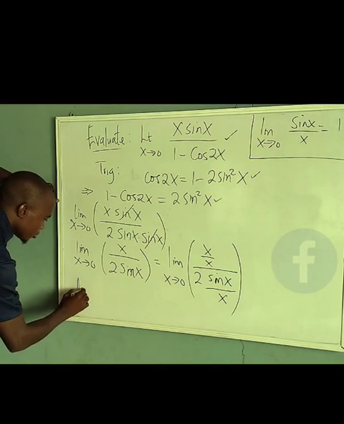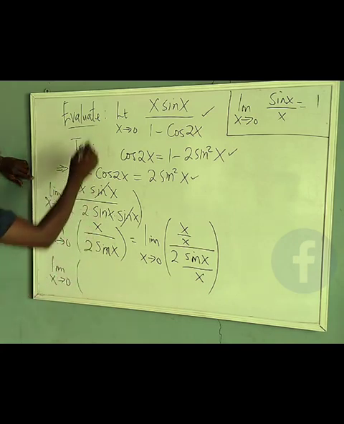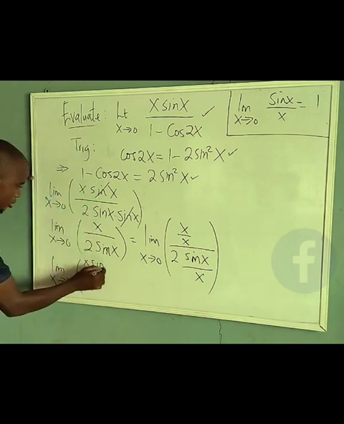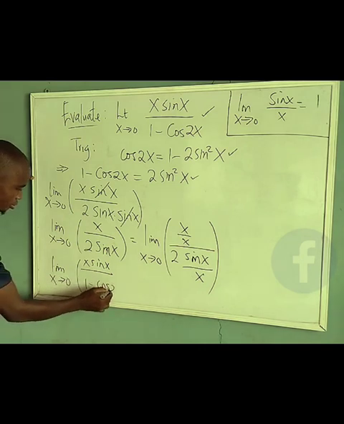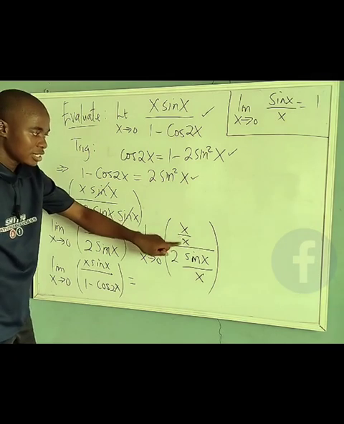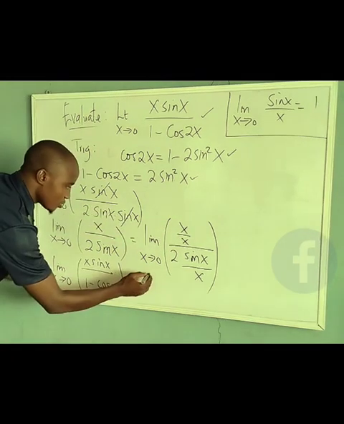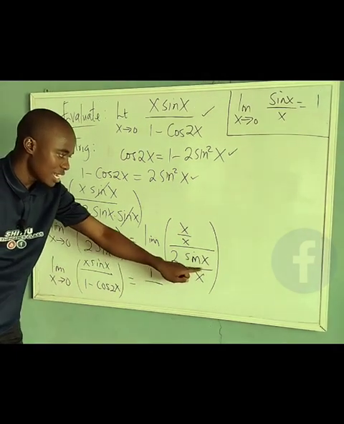We have the limit as x tends to 0 of 1 over 2 sine x over x.